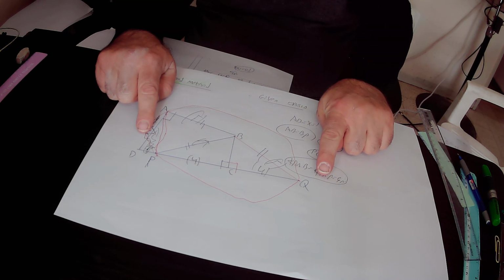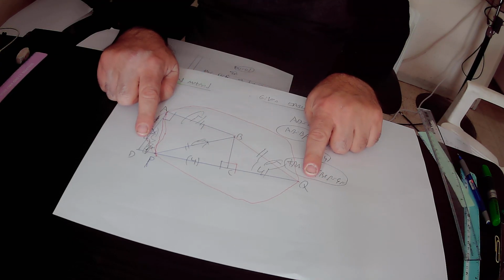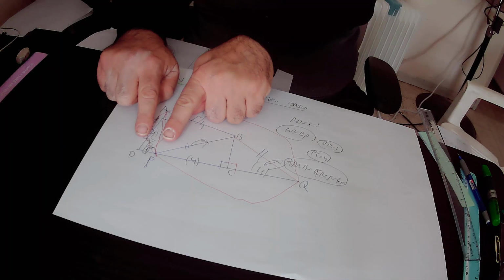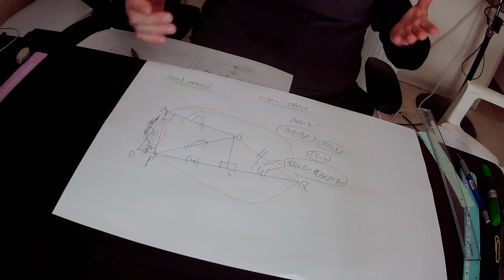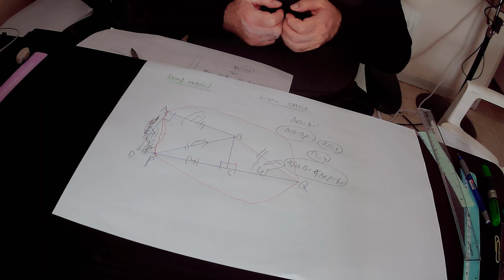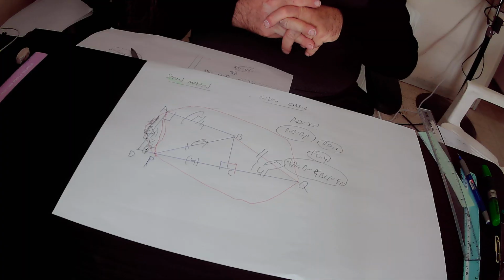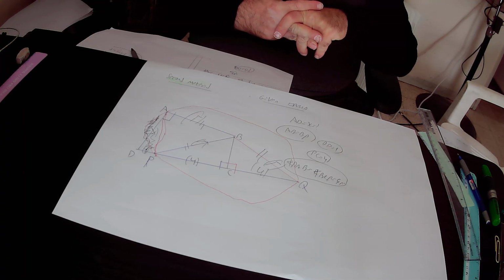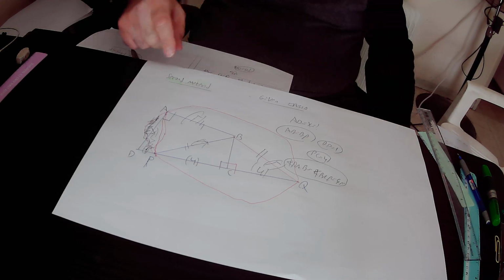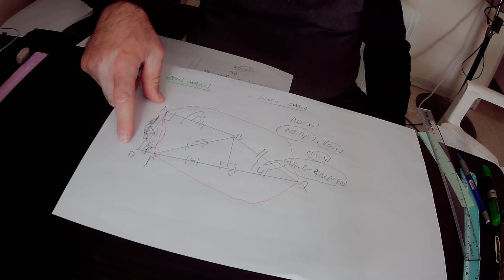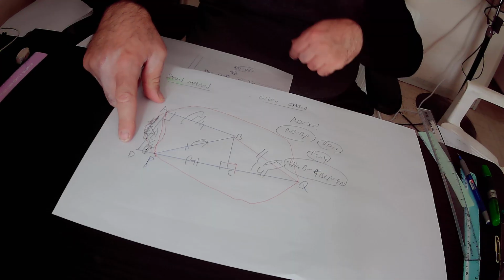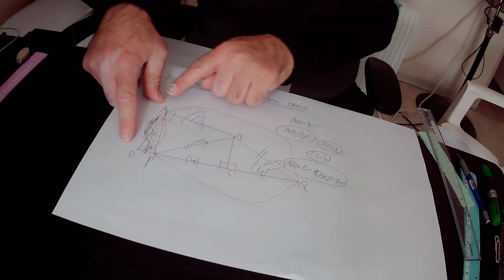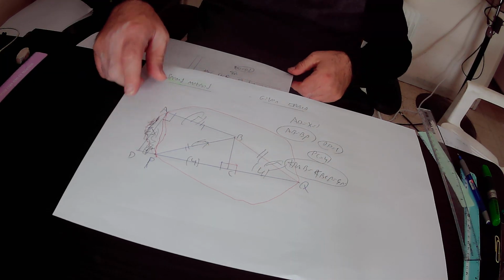The length of the secant in total is DQ, and the external part of secant DQ is DP. So all the requirements of the tangent secant theorem are satisfied. According to the theorem, DA squared, the length of the tangent squared, equals DP times DQ.